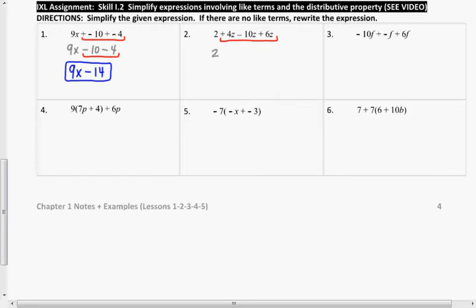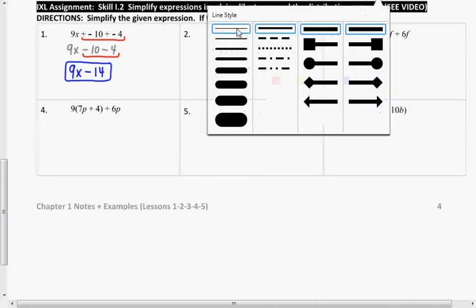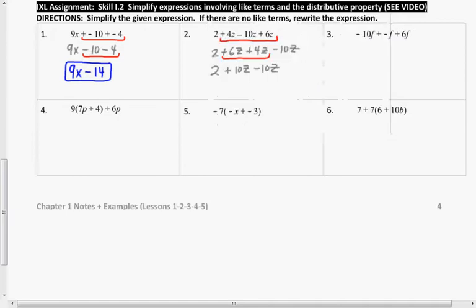Maybe I would say if we rearrange this, any way you look at this, you have 10z right here, plus 10z, and then you have a minus 10z. So this is really 2 plus 10z minus 10z, and those plus 10z and minus 10z, those cancel out. Those add up to 0. So the answer for this one is 2.